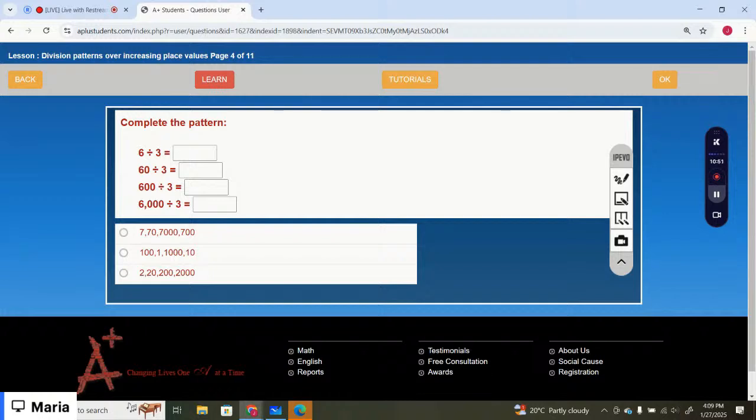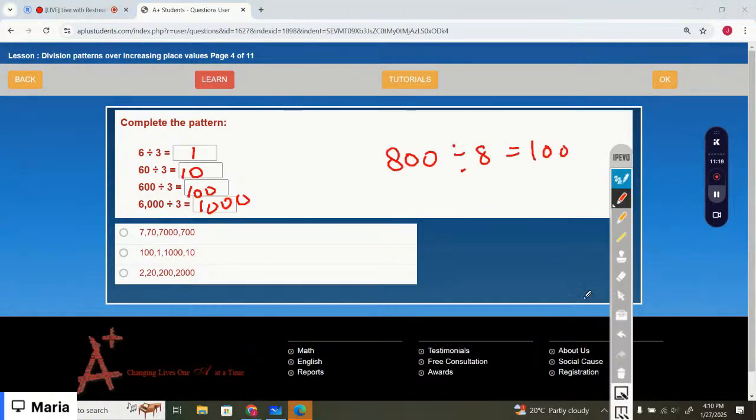Complete the pattern. 6 divided by 3 equals. That is 6 divided by 3 is 2. 60 divided by 3 is 20. 600 divided by 3 is 200 and 6000 divided by 3 is 2000.